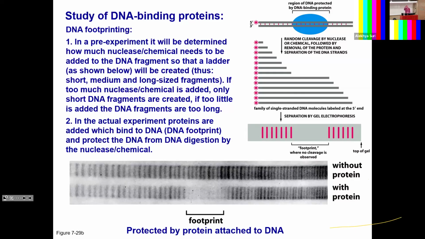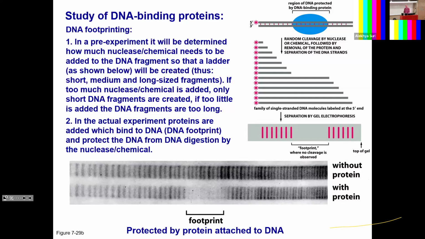One is the undisturbed ladder, and the other one would be with the footprint. In parallel, you would have 4 lanes where you do sequencing reactions, GATC for the 4 nucleotides. I will explain this in a couple of weeks in the genetically modified cells. It's a more or less old DNA sequencing method.